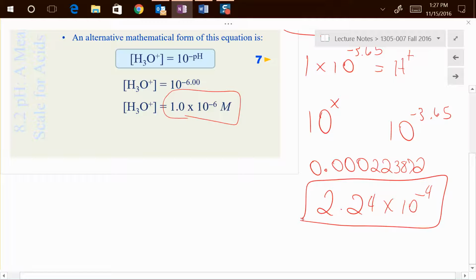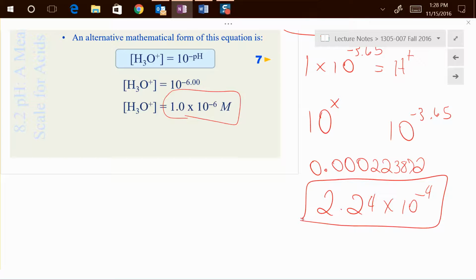Okay? So now, with that answer, what I want you to do is find the log. What is the log of 2.24 times 10 to the negative 4?